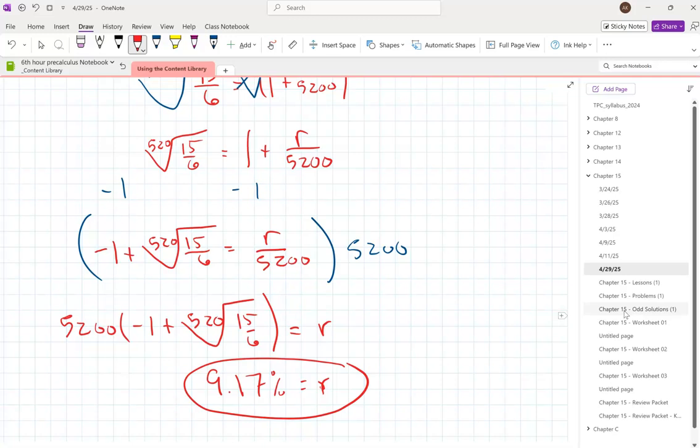And we can look at how to solve for how much I want at the end. How much do I need to be saving every month? But it's not that much if you start now.